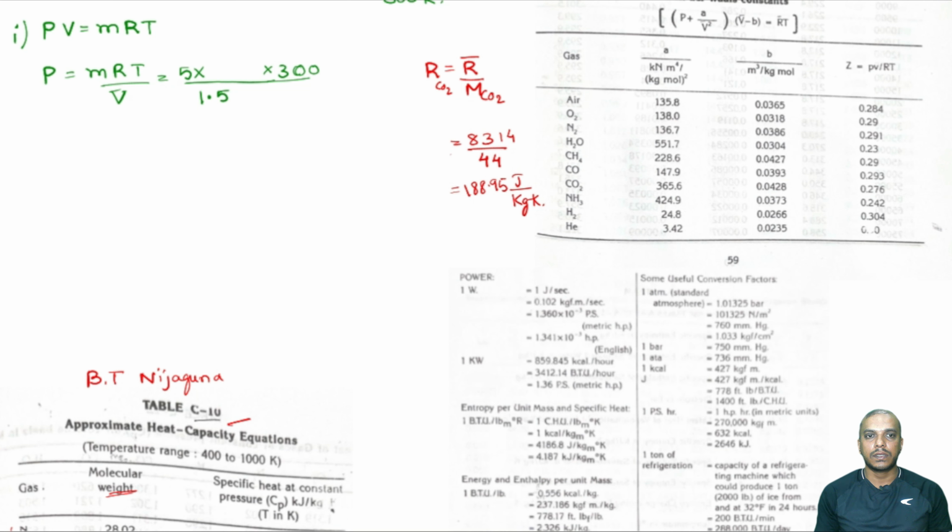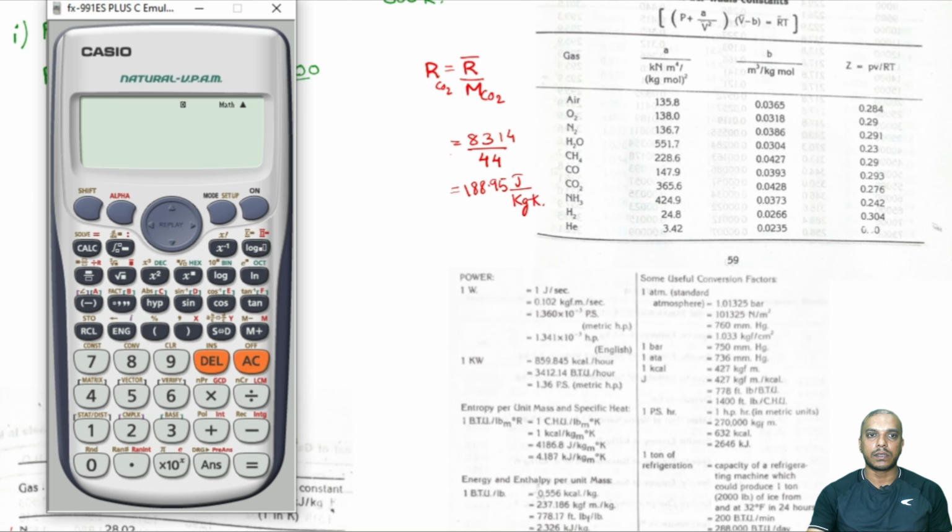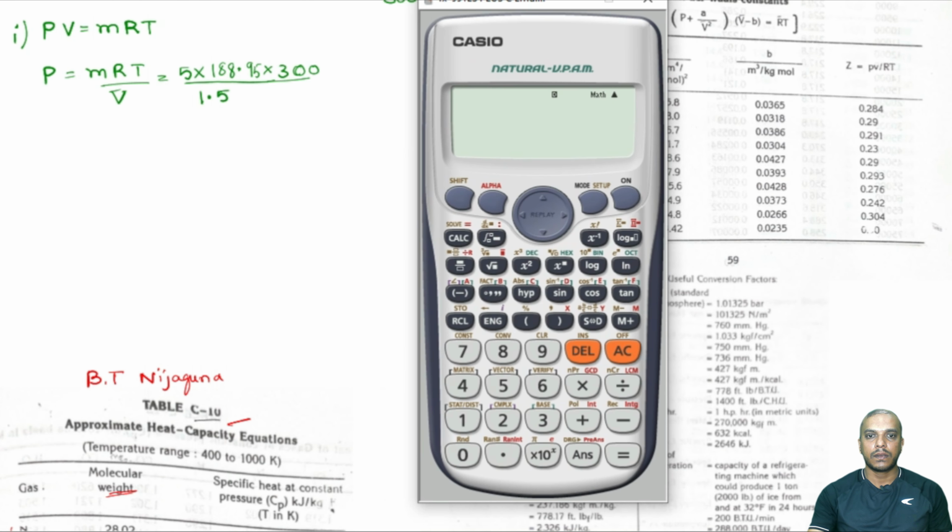Now, let us substitute this here, 188.95. Let us find out the pressure exerted by carbon dioxide: 188.95 into 300 divided by 1.5.